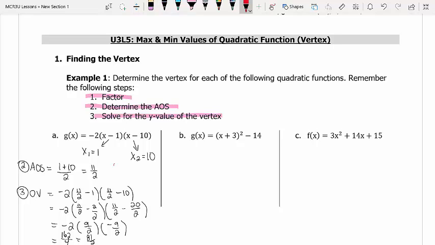Okay, so therefore the vertex of this quadratic is at 11 over 2 and 81 over 2.